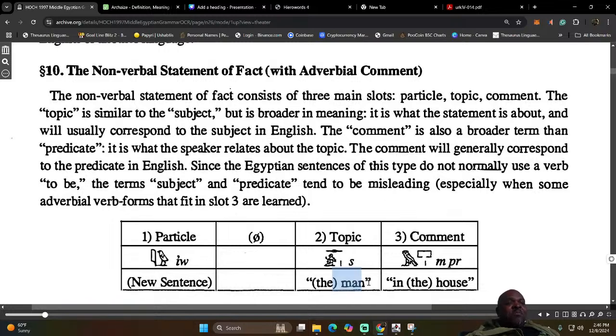Check this out. The man is in the house. So some people do translate this as is when it is mandatory so that you could read the rest of the sentence as a statement of fact. But he just put the man in the house. If I said that to you, the man in the house, you would say, what about him?